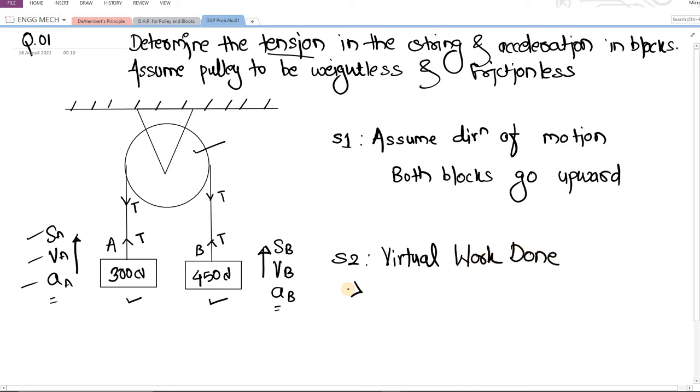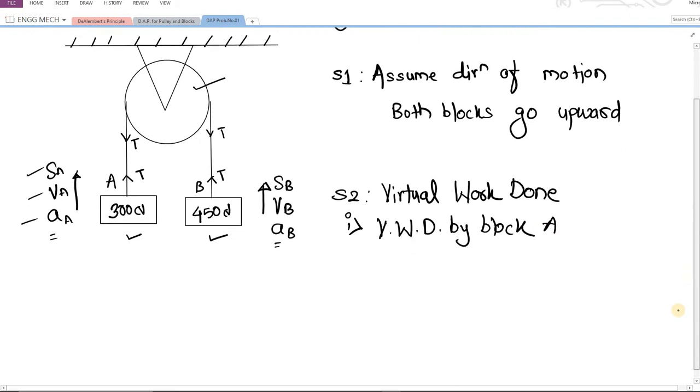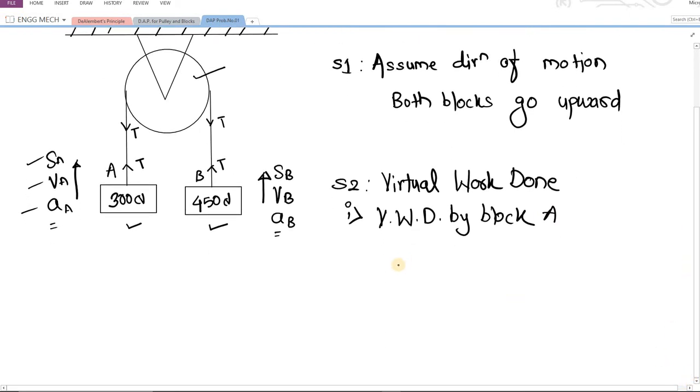Now first, virtual work done by block A. Okay, now we will be determining what exact virtual work is being done by block A. So we will be mentioning block A's diagram over here.